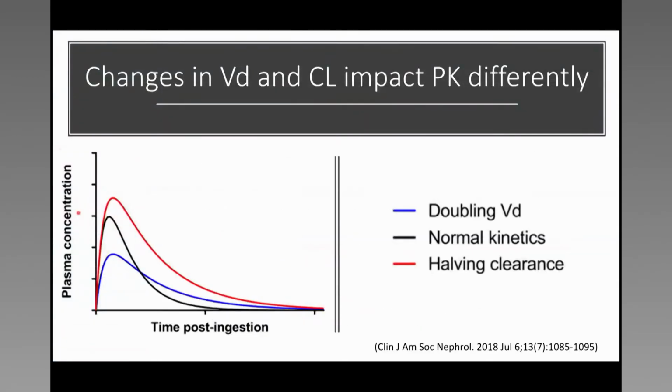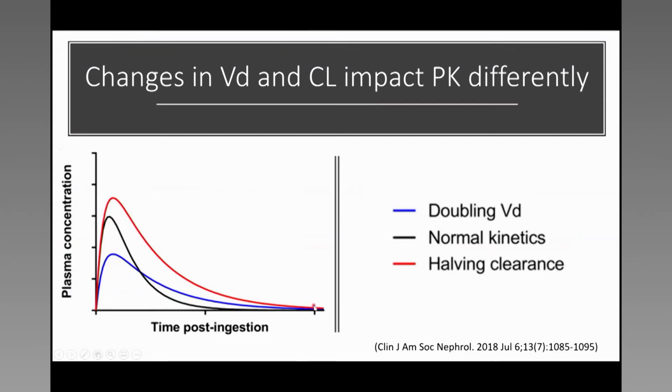So when we have a change in the pharmacokinetics in patients, it can have different impacts on the concentration time profile. If the black line is showing what happens with normal pharmacokinetics, if there is a halving of clearance in a drug that's taken orally, we can see what happens with the red line. There's a slightly higher concentration, and then it persists for longer.